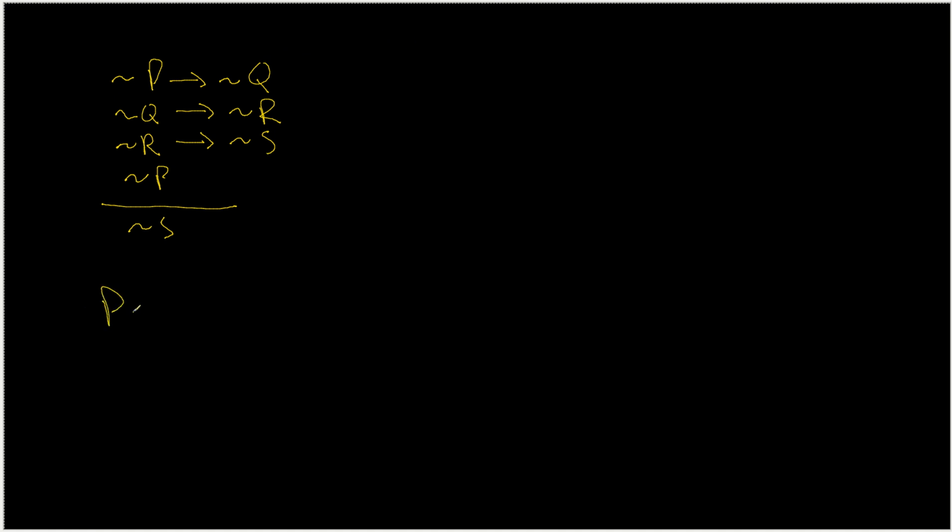So usually we write it like this: if we have if P then Q, and we also have P, then we're allowed to conclude Q. We have something like it here.